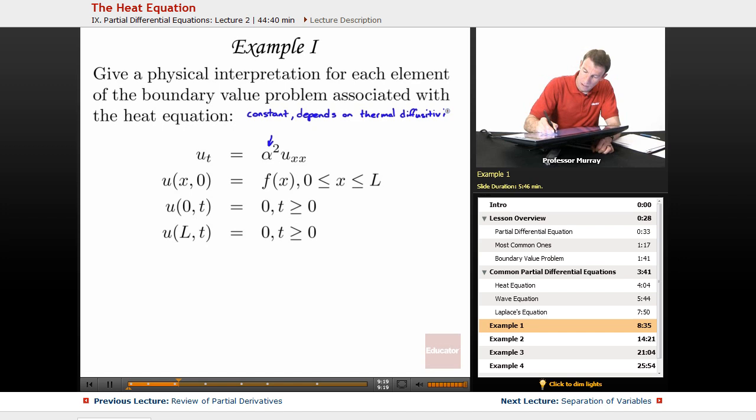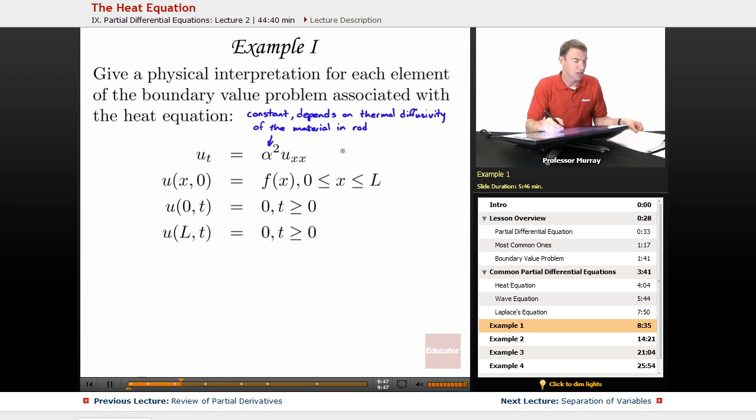Diffusivity of the material in the rod. Just to give you an idea, if the material is very, very conductive, then you'll get a higher value there.